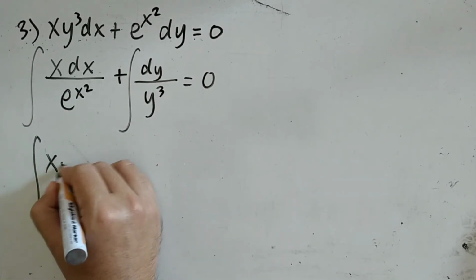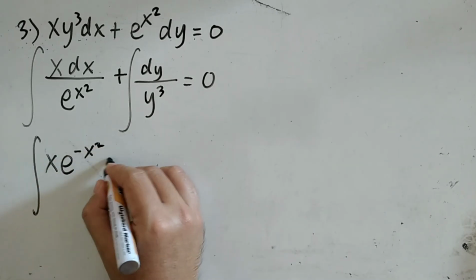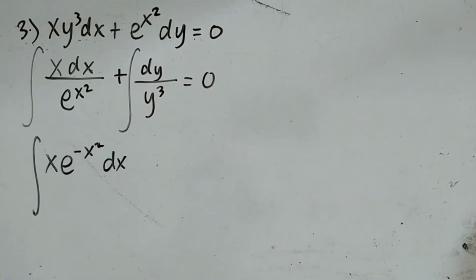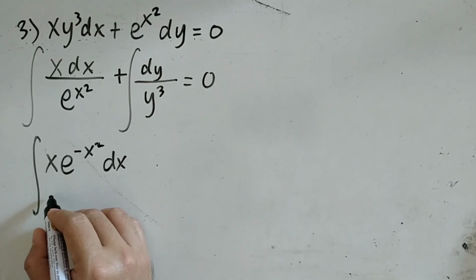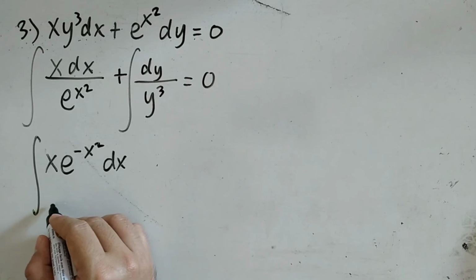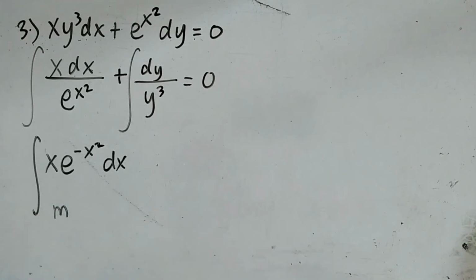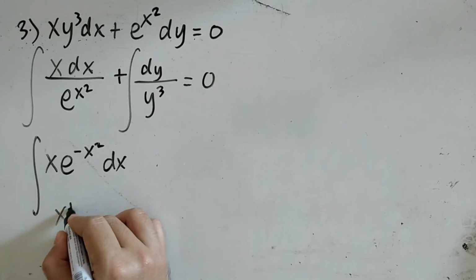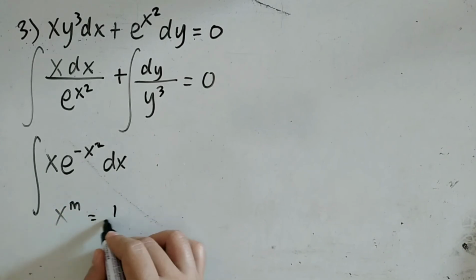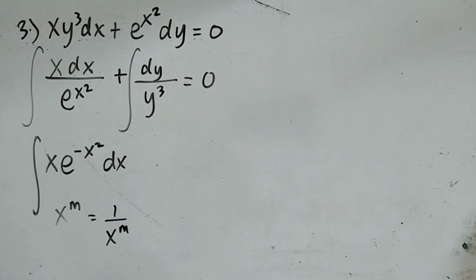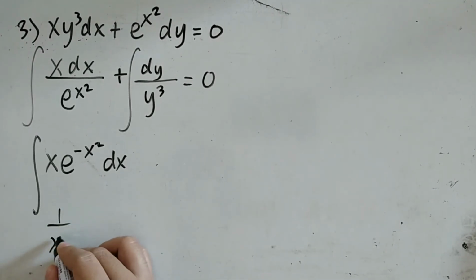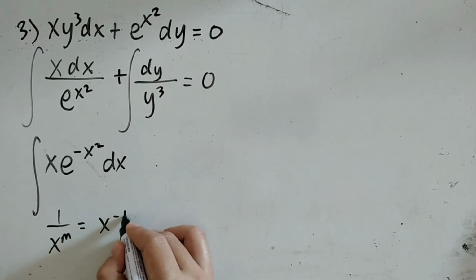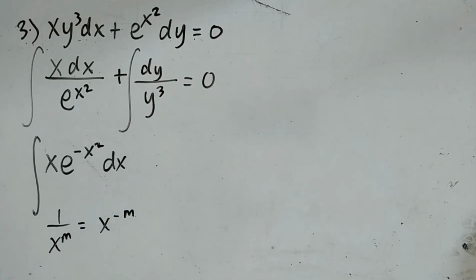So we have x e to the negative x squared dx. This is because in the laws of algebra, we have 1 over x to the power of m is equal to x to the power of negative m. This is one of the laws in algebra.